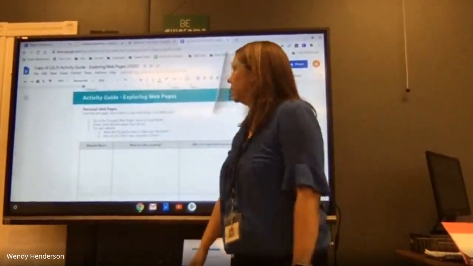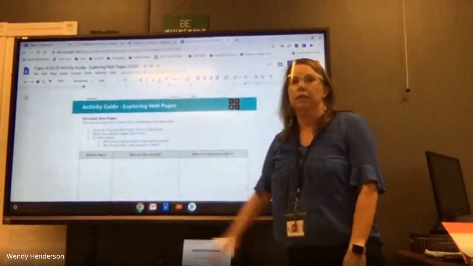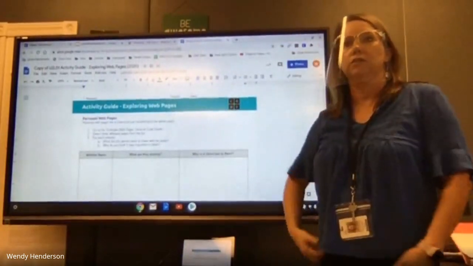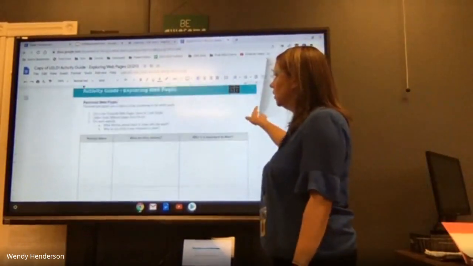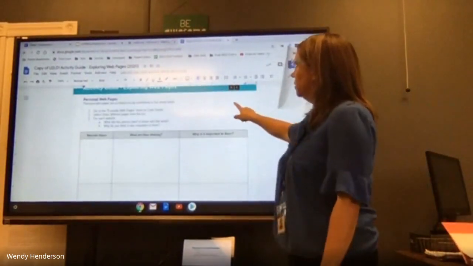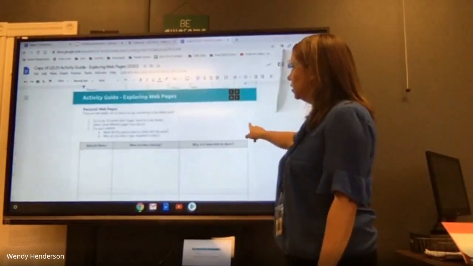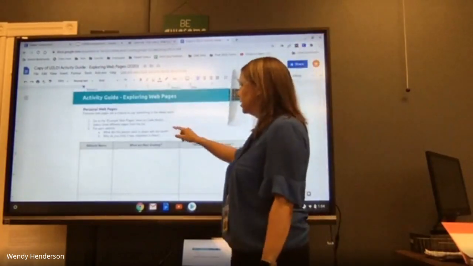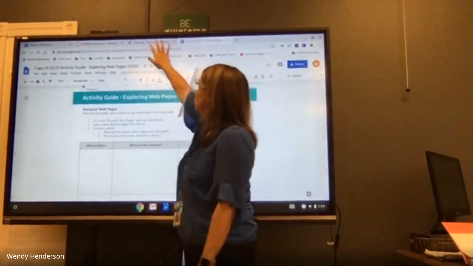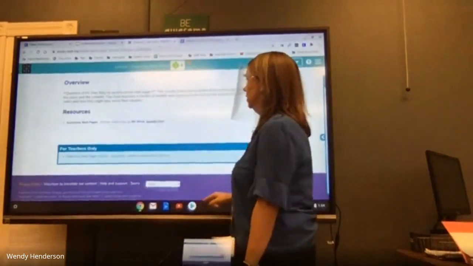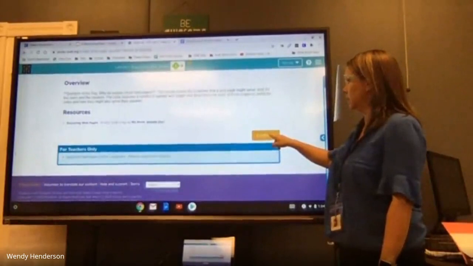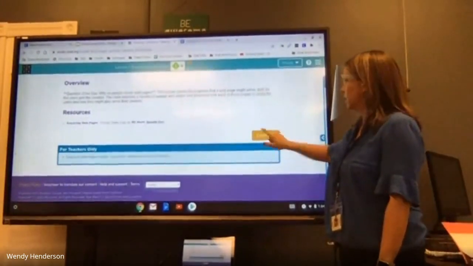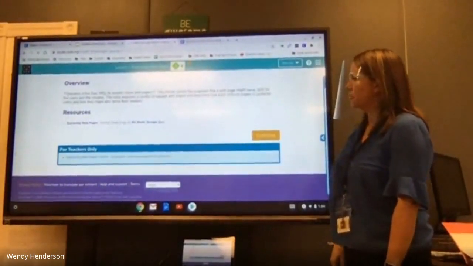Was everybody able to get this activity guide pulled up, exploring web pages? Okay. All right. It said to go to the example web pages level on Code Studio. So if we go back and click continue, we will see the other web pages. So click continue.